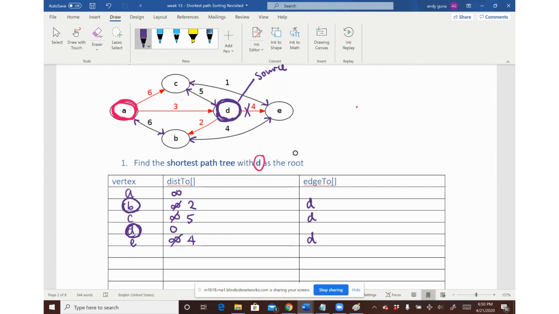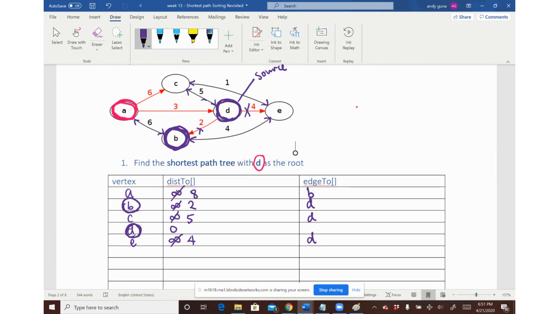So we take B and try to see if we can go to A. Obviously, now I can relax A. But what's the distance to A now? It's 8, because 6 plus 2 gives you 8. And I went to A from B. That's the edge I used to relax that.